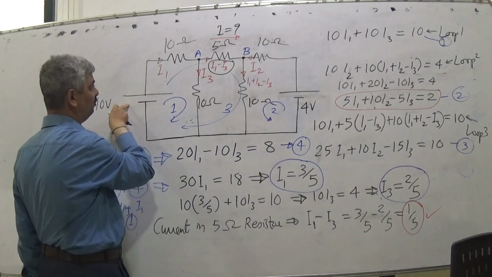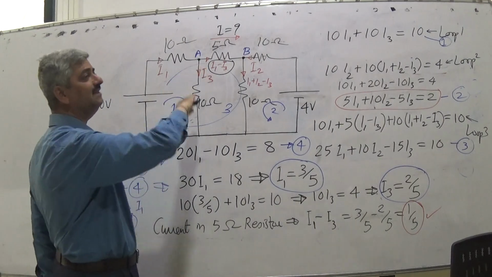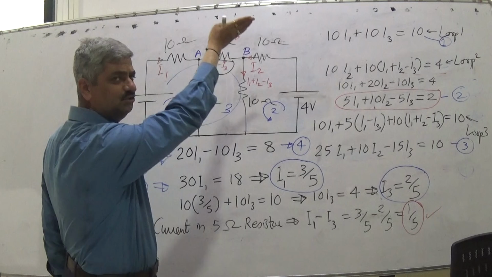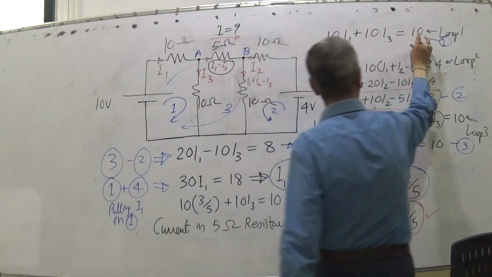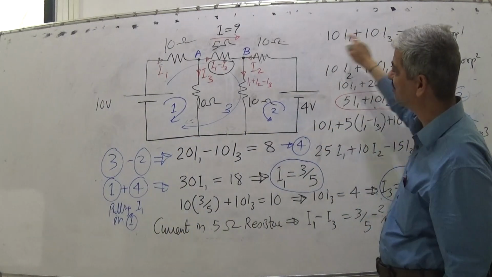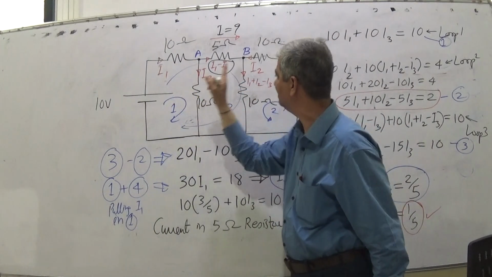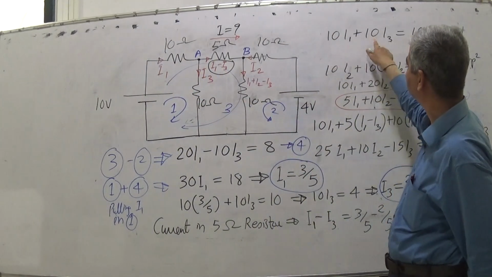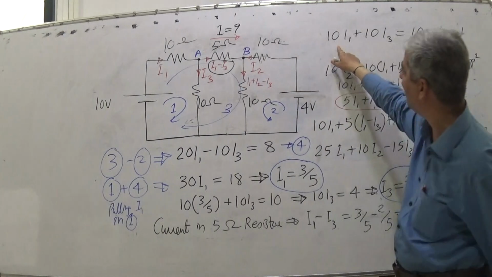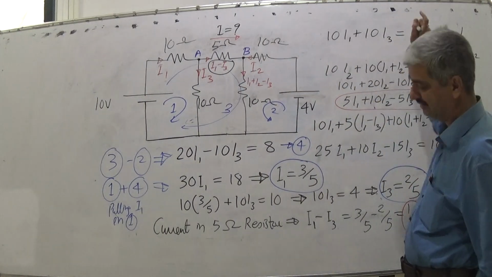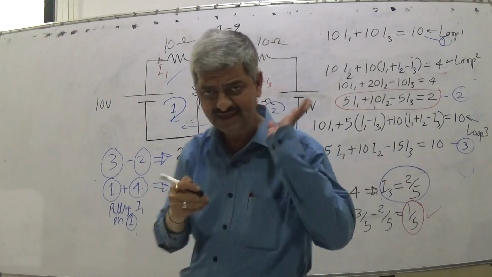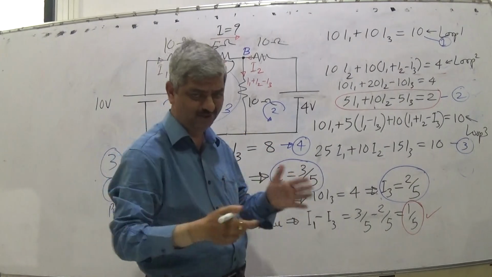Voltage source equal to voltage drop. Only thing while writing, I will do reverse reverse. It's easy to solve simultaneous equation. Voltage source is 10, voltage drop is 10 I1 plus 10 I2 plus 10 I3. 10 I1 plus 10 I3 equal to 10 is equation 1. I think I will rush through because it is quite simple.